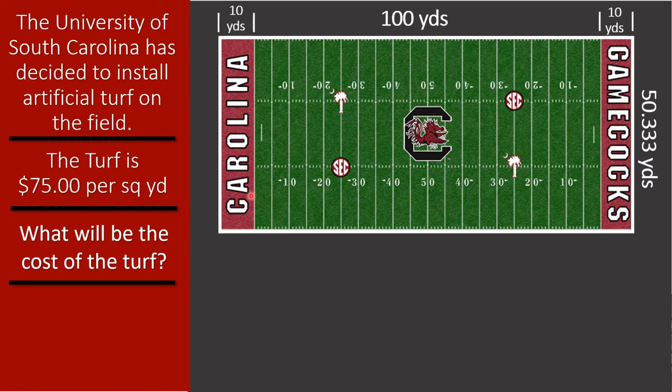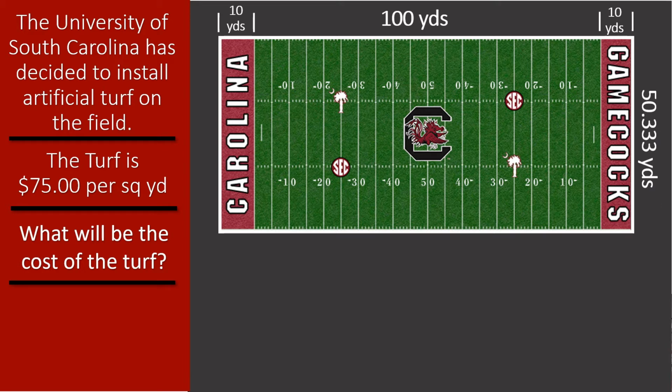When you have problems that have multiple answers to them, the first thing we'll have to do is get the square footage or square yards of the field. So what do we need to do? Add up the length and then multiply that times the width.